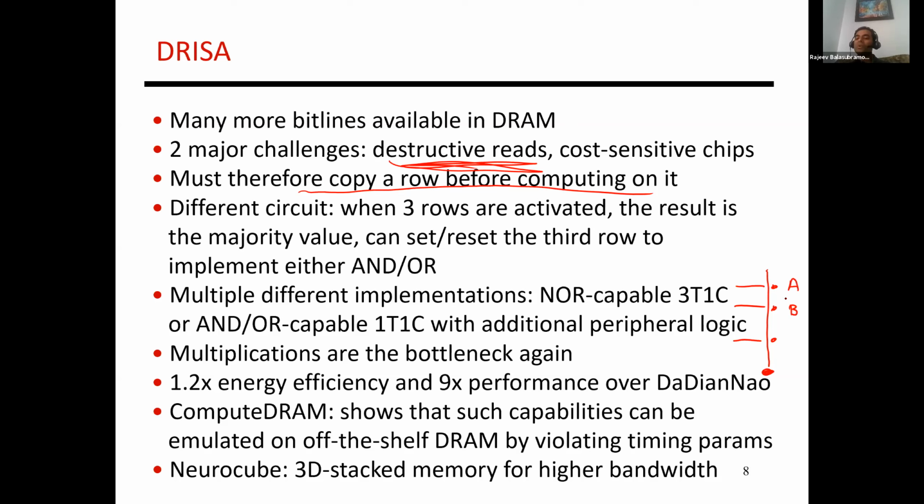If I put this as all ones, that essentially turns this into an OR operation, right? If either A or B is 1, then the majority is going to be 1. So the logical result that you get on that bit line is OR. Instead, if I make the third row into a 0, that turns into an AND circuit, right? The output is going to be 1 only if A and B are both 1, then it wins the majority. Okay, so you can set that third row to either be all zeros or all ones, and accordingly, you get a result that's either AND or OR.